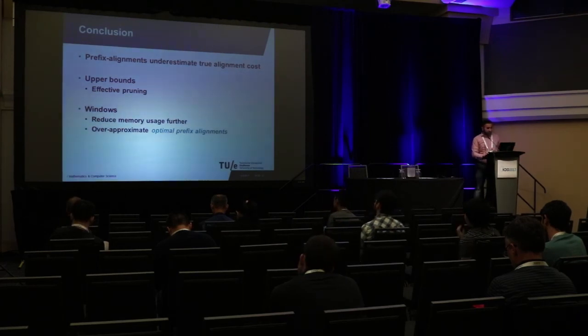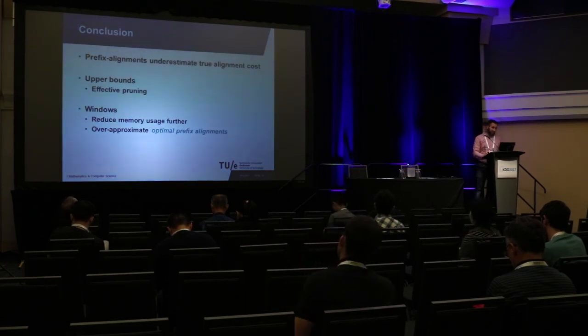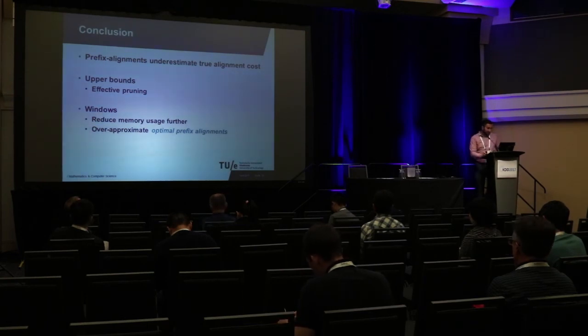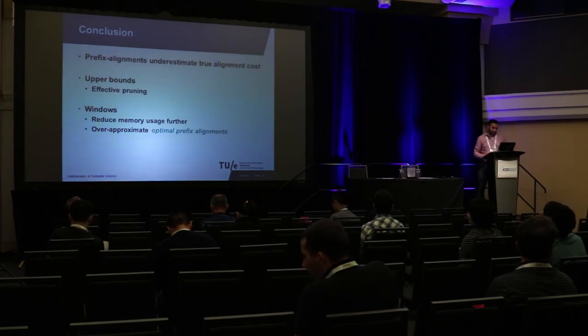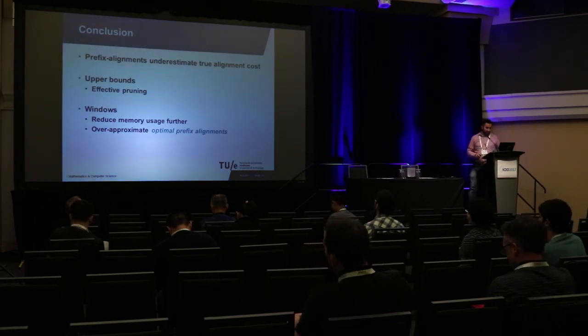We have introduced two parameters: the upper bounds, for making our pruning much more effective and to use less space, and also the window, which sometimes results in an over-approximation of the optimal prefix alignment.